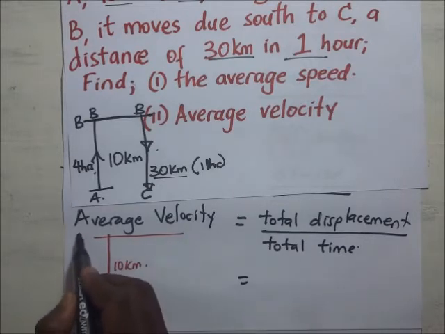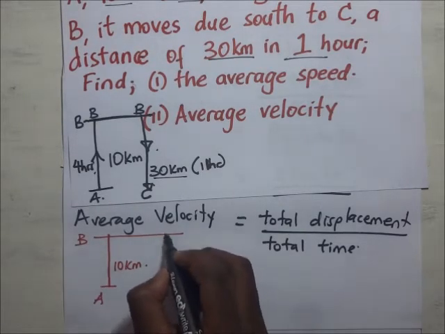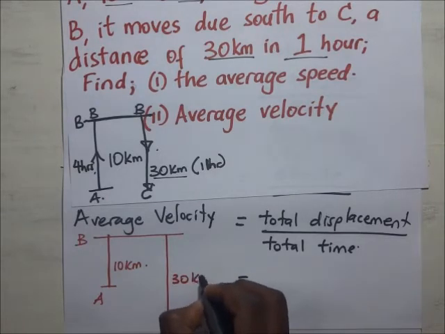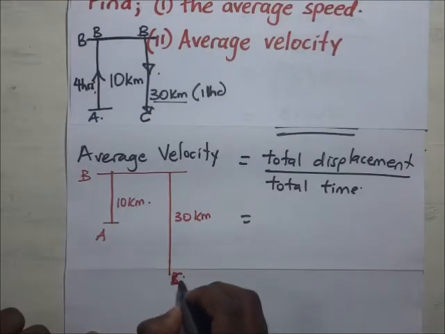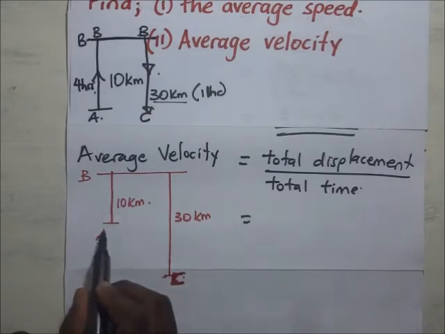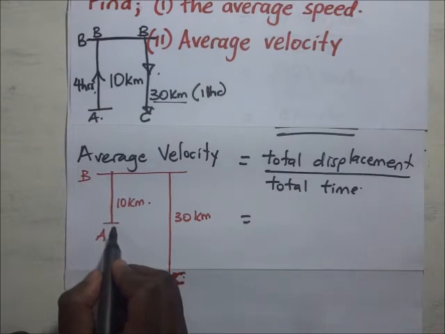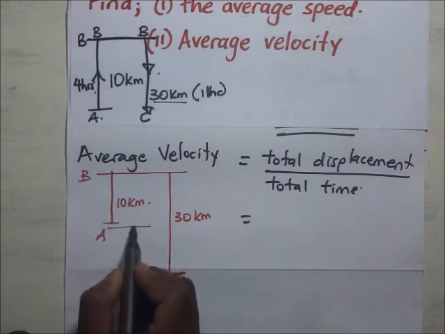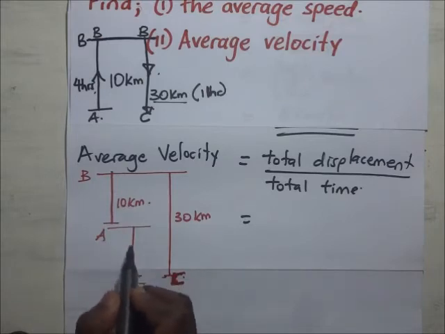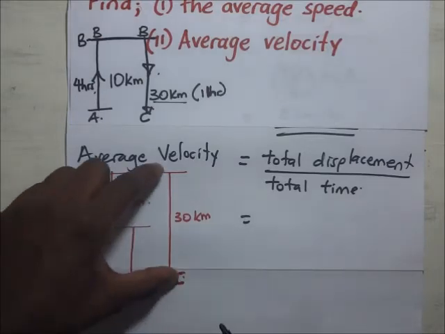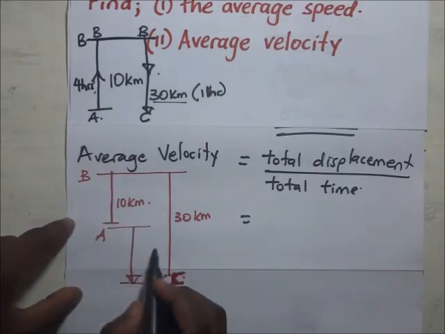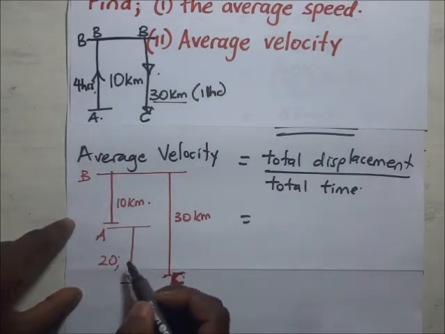Then when it reaches point B, it moves down again another 30 kilometers down to point C. So it means that the total distance moved from A to C, the displacement, is the specific distance covered in this specified direction. So for me to move from A to C means that it's going to be this 30 kilometers minus that 10 to get the remainder. So 30 minus 10 is definitely 20 kilometers.